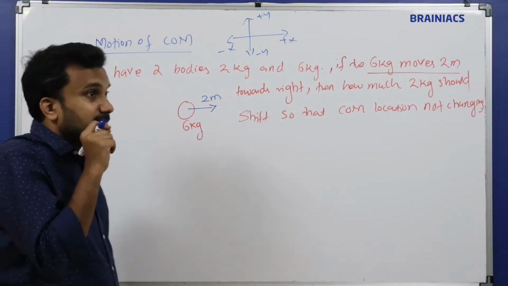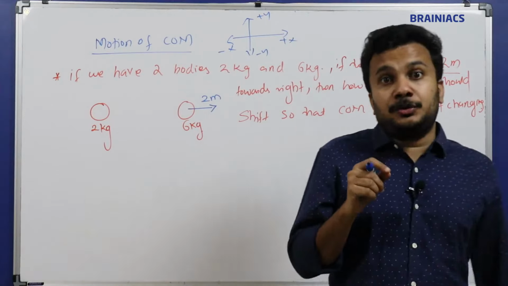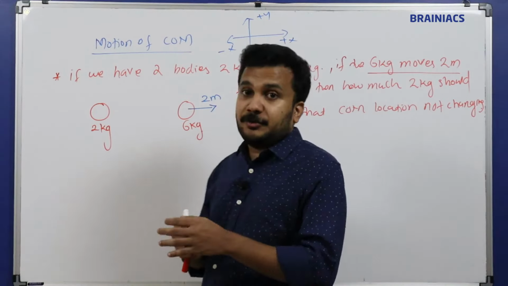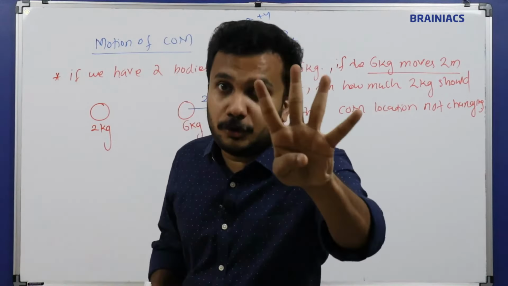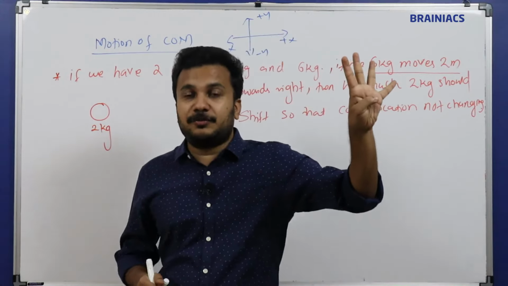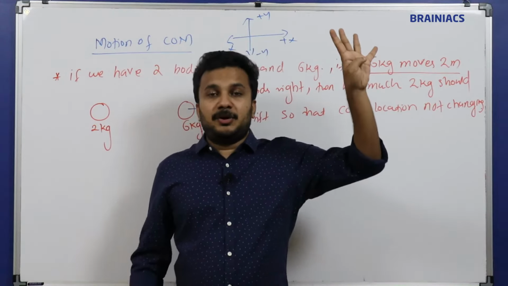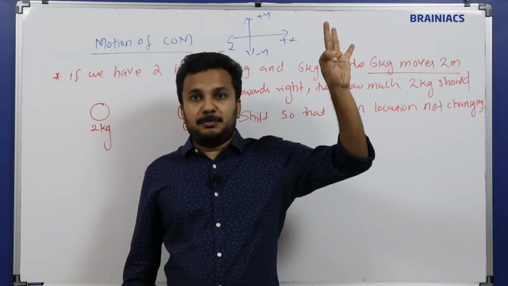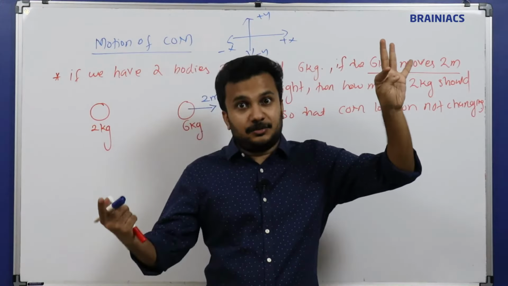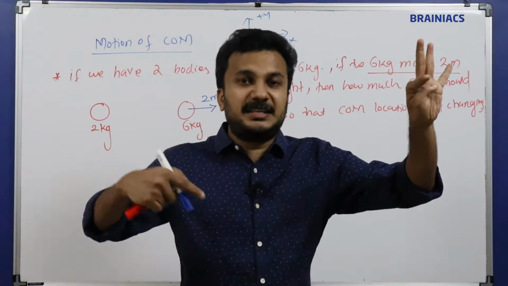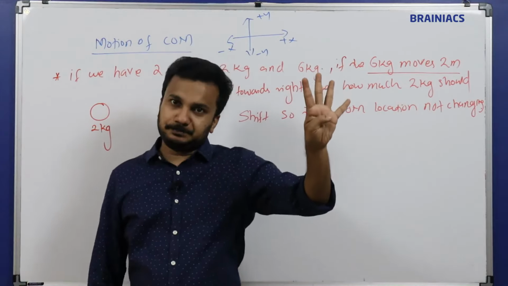So we have to understand which formula to use. Totally we have 4 formulas for center of mass. First formula: M1 R1 plus M2 R2 divided by M1 plus M2, which gives X COM, Y COM, Z COM.